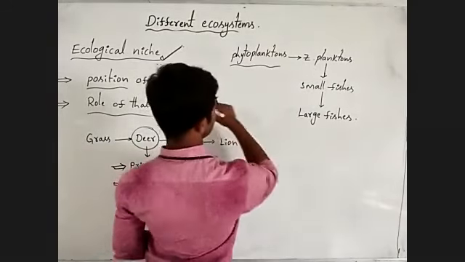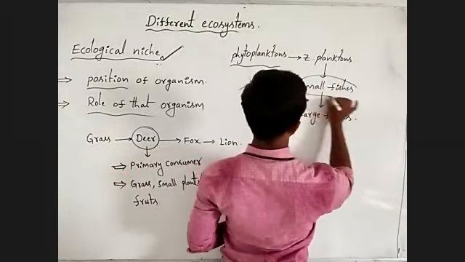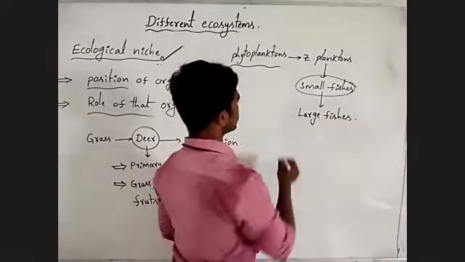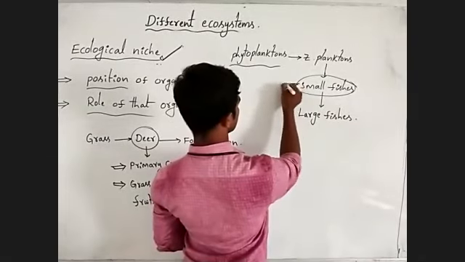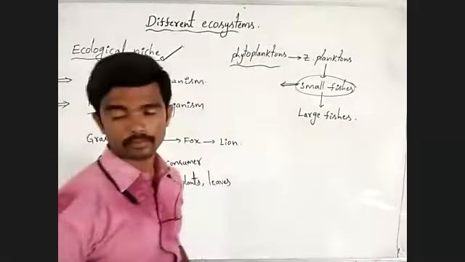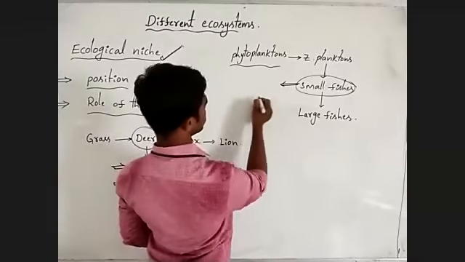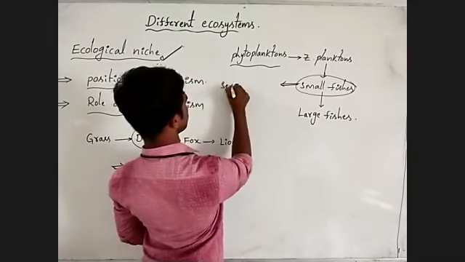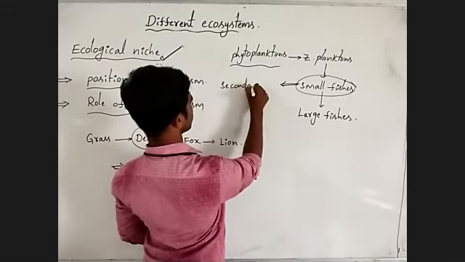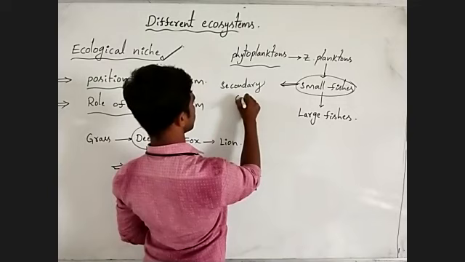Next here, ecological niche of the small fishes. Ecological niche, position of the organism: secondary consumer.